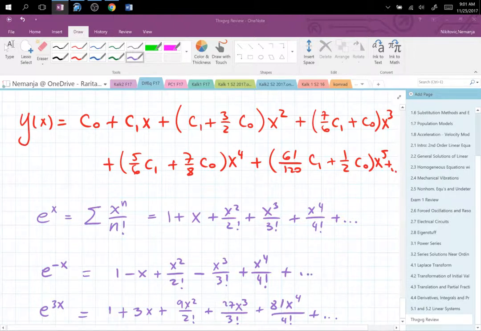So in these combinations of these, they should emerge. Now this is a lot of labor to make it work, but that's what it is.